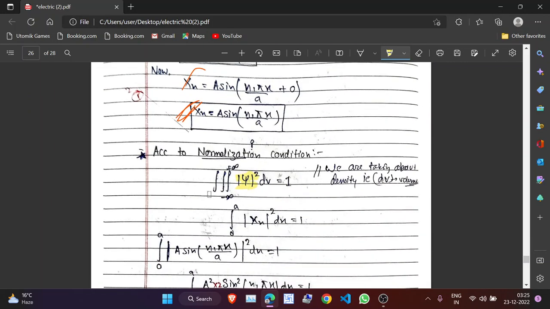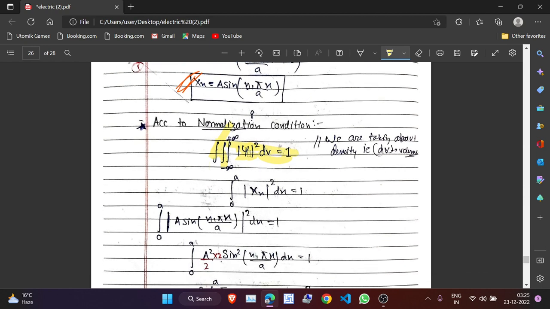We are doing integration in terms of volume. So the volume integration of mod of psi square is equal to 1. Here we use mod because the probability can't be negative. Psi gives the probability of finding the electron, but the probability can't be negative, so we put mod and take the square of it.